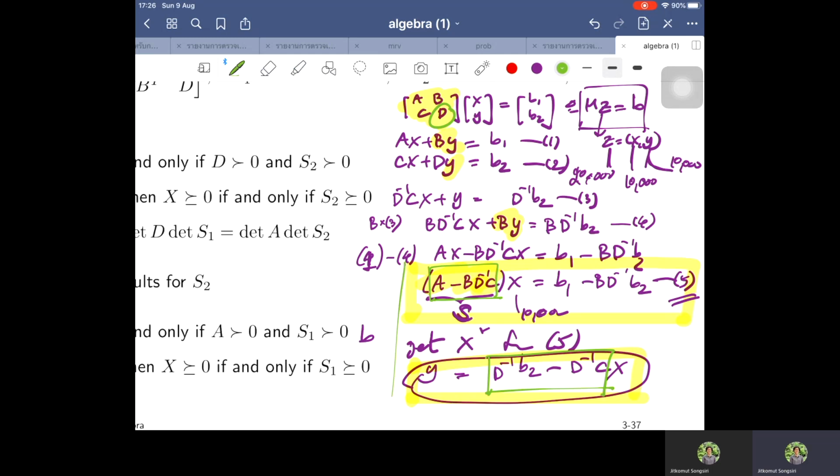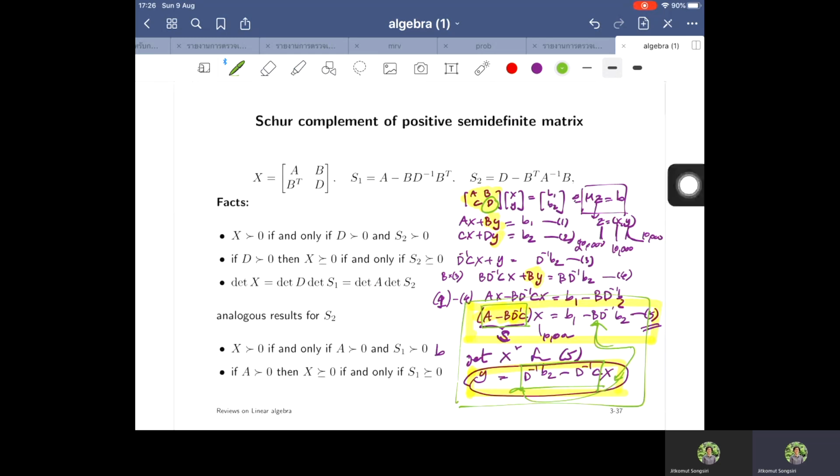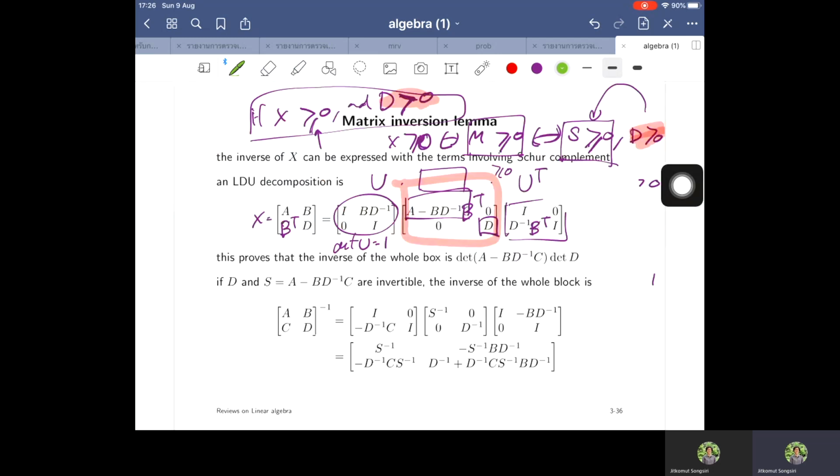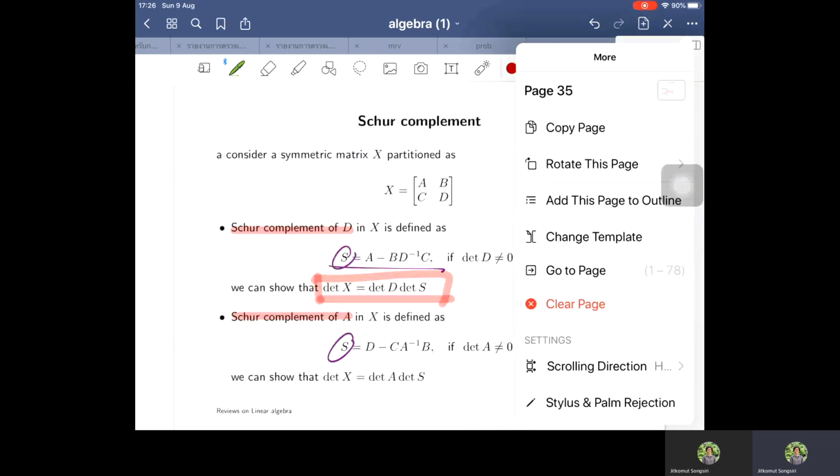The process here is a very common method in solving linear equations. This is Gaussian elimination: we get rid of one variable to solve another variable first, and once you get x, you can solve the other variable at the end. So this is one occasion that you might see the application of Schur complement.